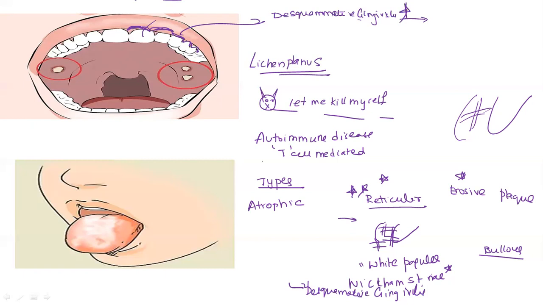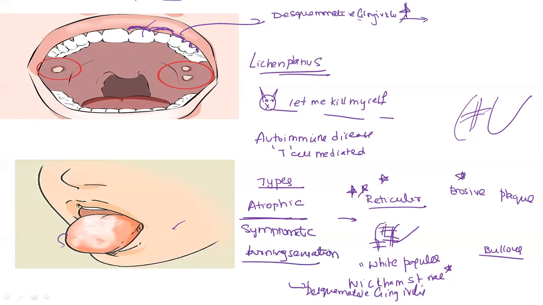Now coming to atrophic or erythematous. Atrophic or erythematous is symptomatic. Okay, wait. This is symptomatic. You can see burning sensation in this form, which is a common complaint by the patient.